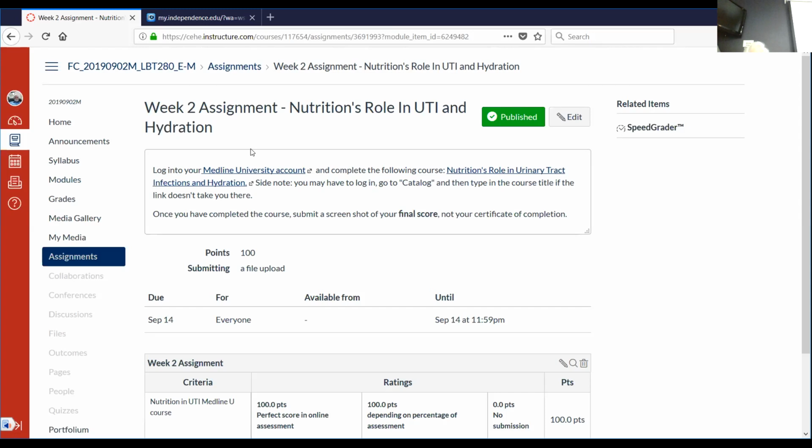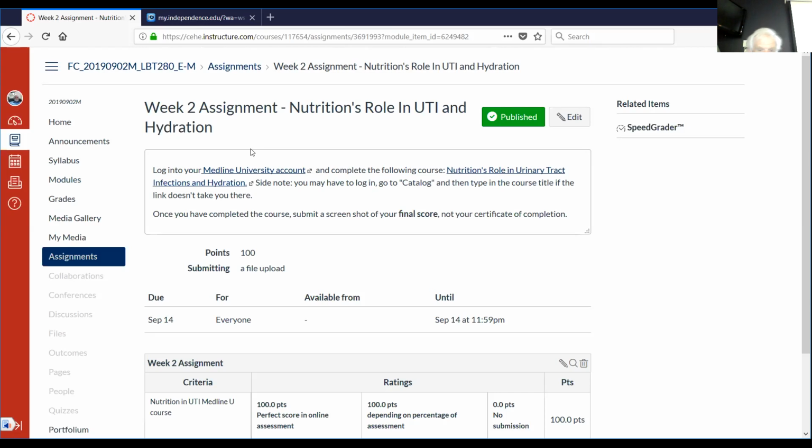That's what I want to see, the final score, not the certificate of completion. If you want to submit that too, that's fine. I would tell you right now, print it out and keep it for your portfolio to show that you have done this. Okay? Does the screenshot count? If you don't print it out, we can make a folder.